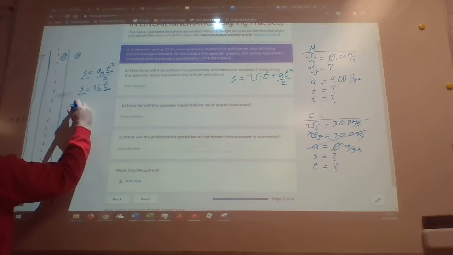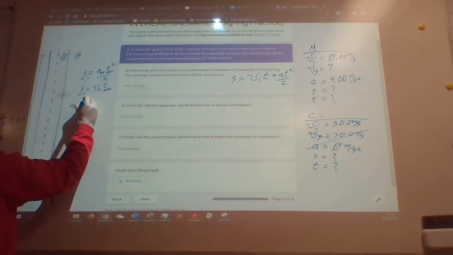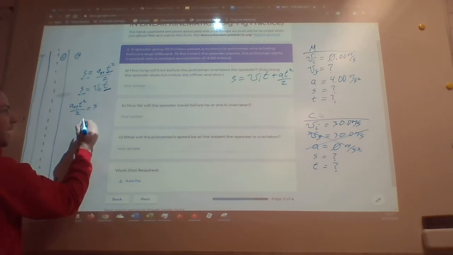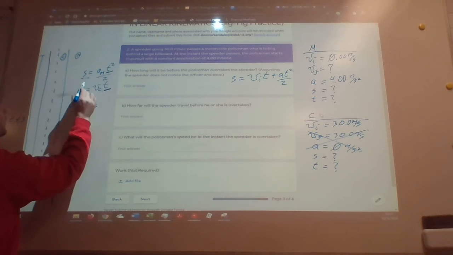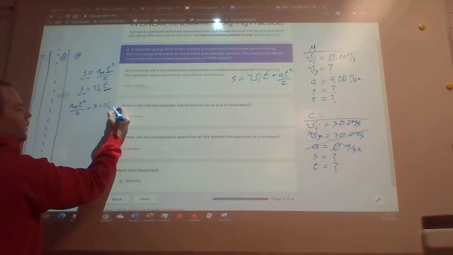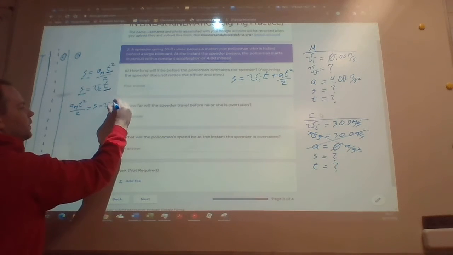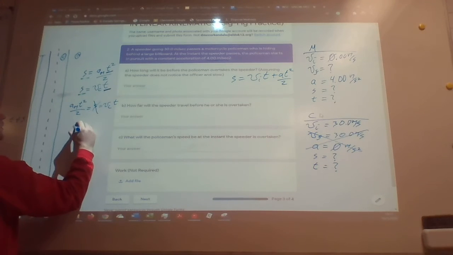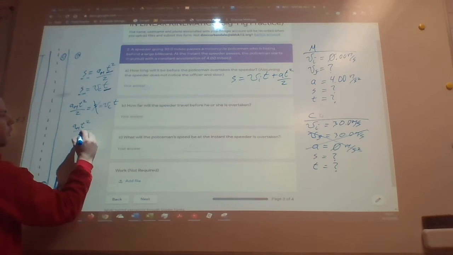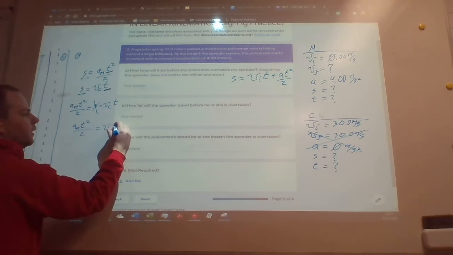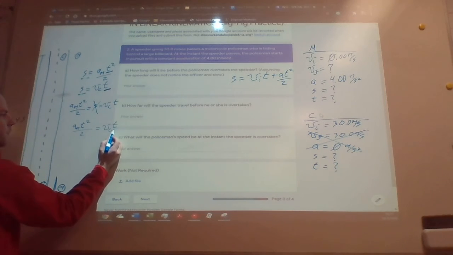So the acceleration of the motorcycle times the time squared over 2, which is equal to S, but S is also equal to the velocity of the car, or the speeder, times the time it takes. Well, if we drop this S out, this becomes the acceleration of the motorcycle times the time squared over 2 is equal to the velocity of the car times the time that passes.